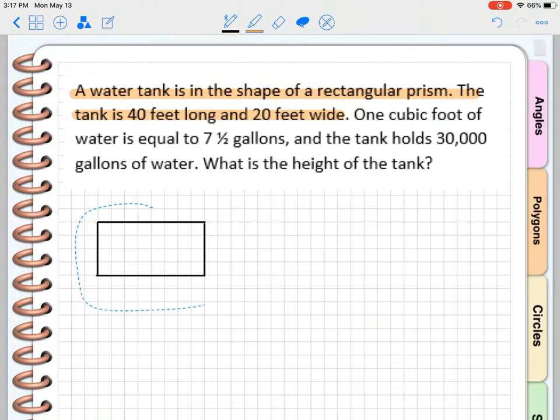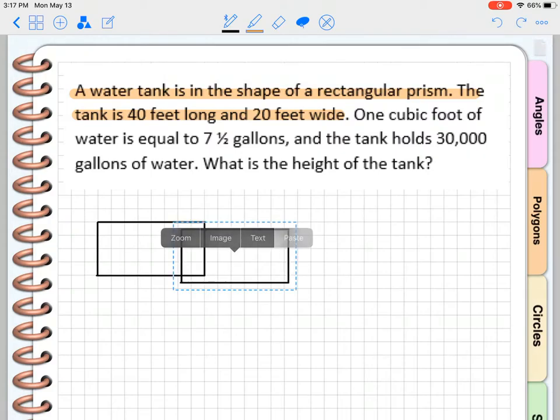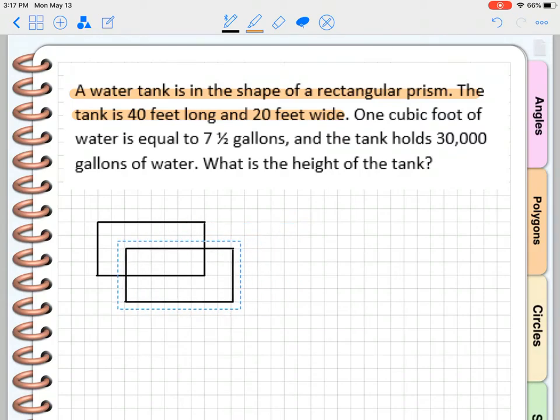And rather than try to get this exactly right, I'm just going to copy and paste. That way I know it will be exactly right. Except I want to move that down a little bit. It's exactly the right size, but not quite in the right place.